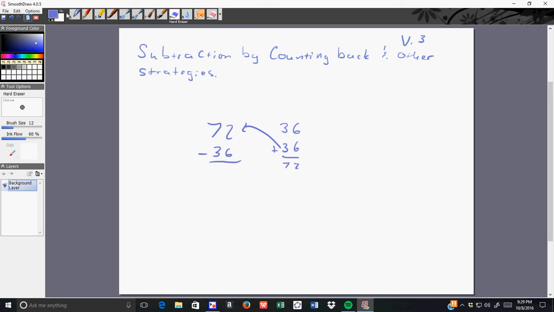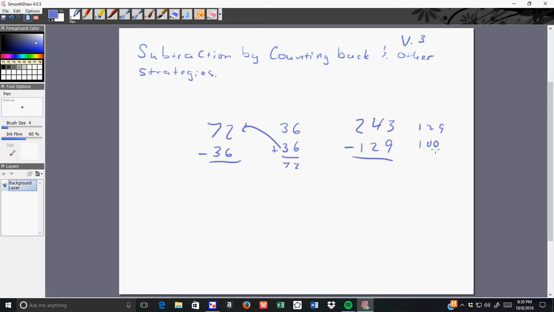I'll do another one. Ready? Let's say I had 243, and I wanted to take away 128. All right, this looks like a pretty hard one. So if I add 100, I'll get to 228. So that's good.